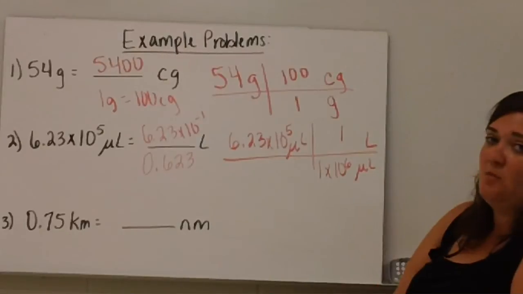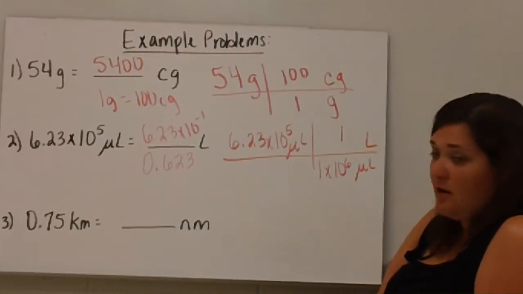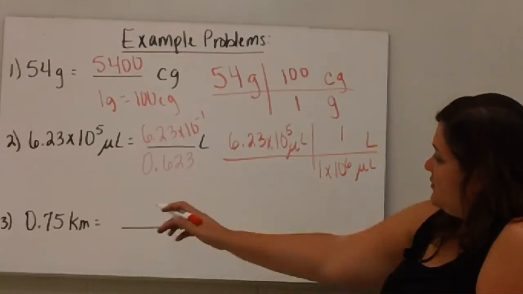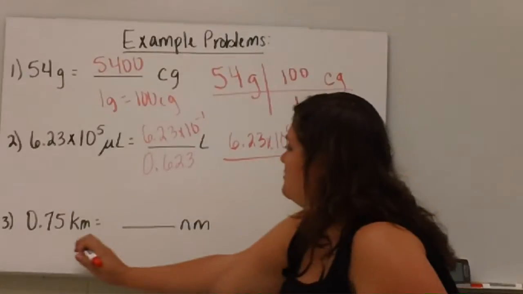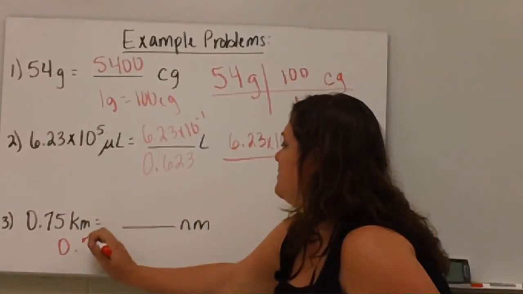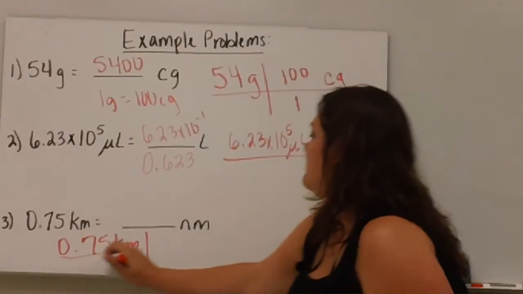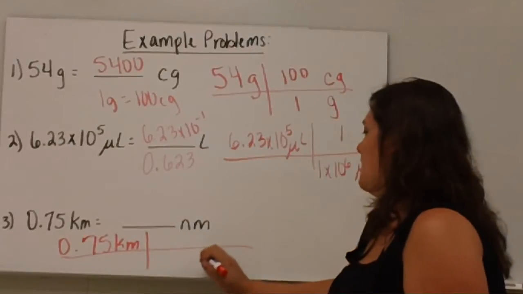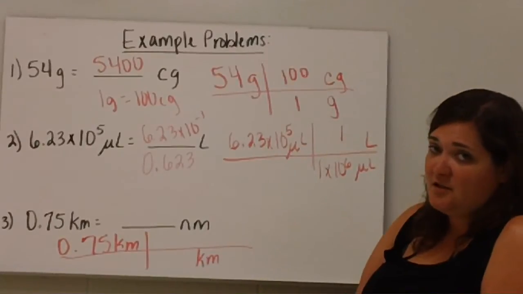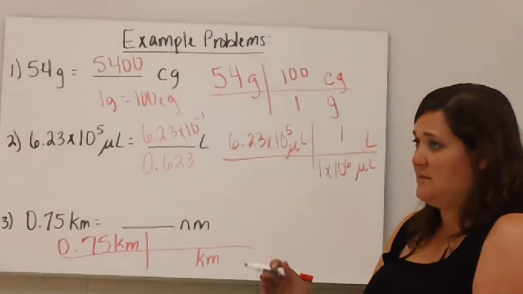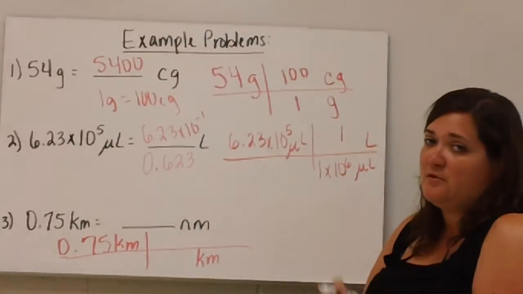Now number 3 is a little bit more difficult. It does not go to or start with a base unit. So we're going to start with our 0.75 kilometers. I'm going to do this one down here. It's going to take a little more room. Again, I no longer want kilometers, so I'm going to put it on the bottom. Now I don't like to learn too many different things at once, so I just know what my conversions are to the base unit.